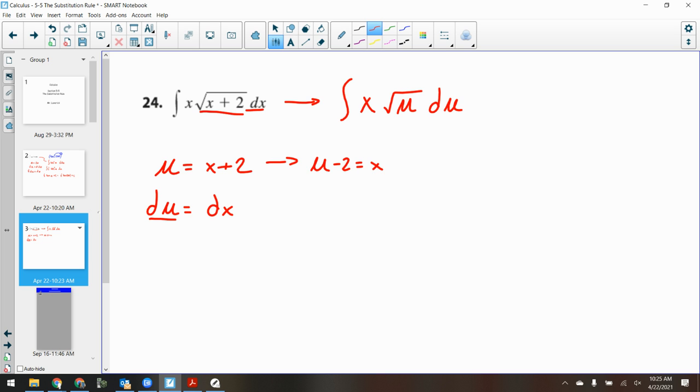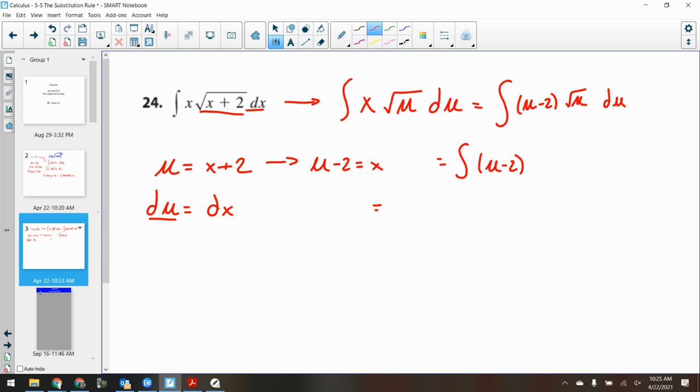And then we can plug that in. We could say that that's going to be equivalent to u minus 2 square root u du, because u minus 2 is x. Which means I'll do a little intermediate step here.